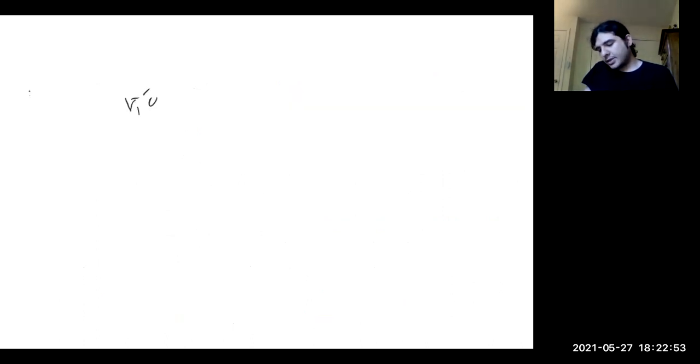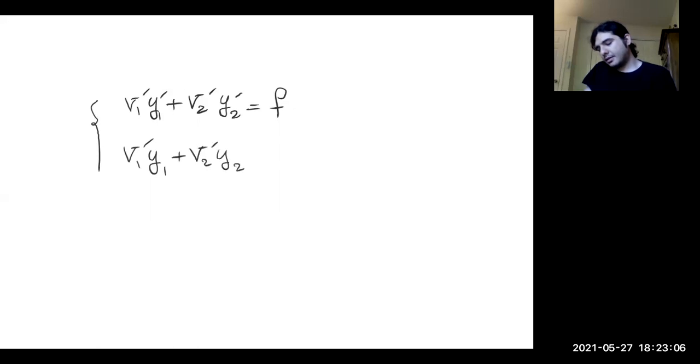This is the equation that we simply get by plugging in the thing we had for y into the equation. And this is the thing we just add ourselves. So the point is that here we have two equations and two unknowns, but the unknowns here are v1 prime and v2 prime.